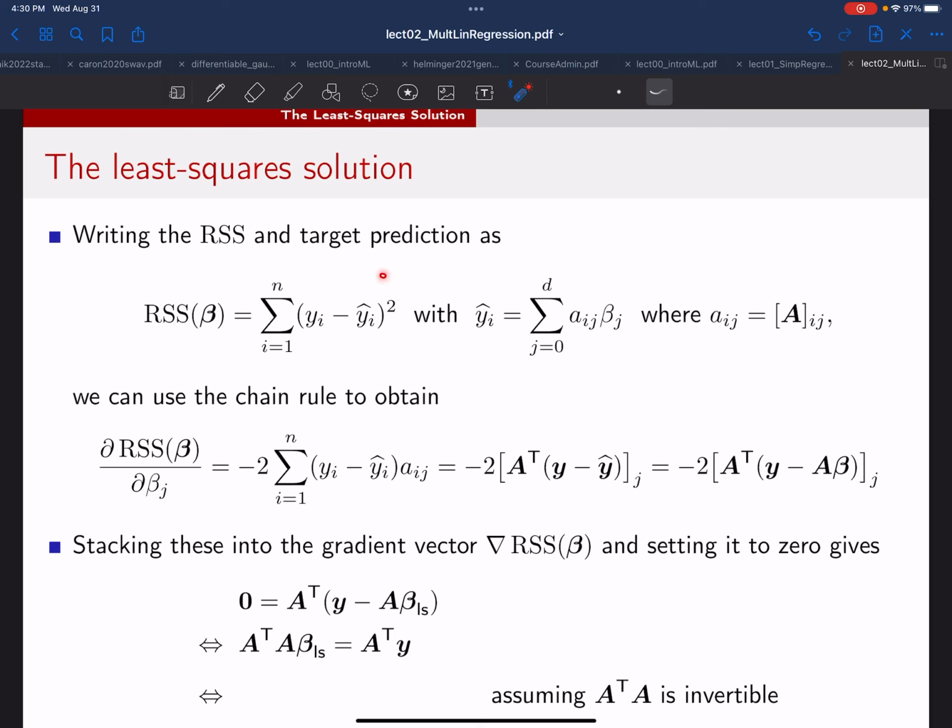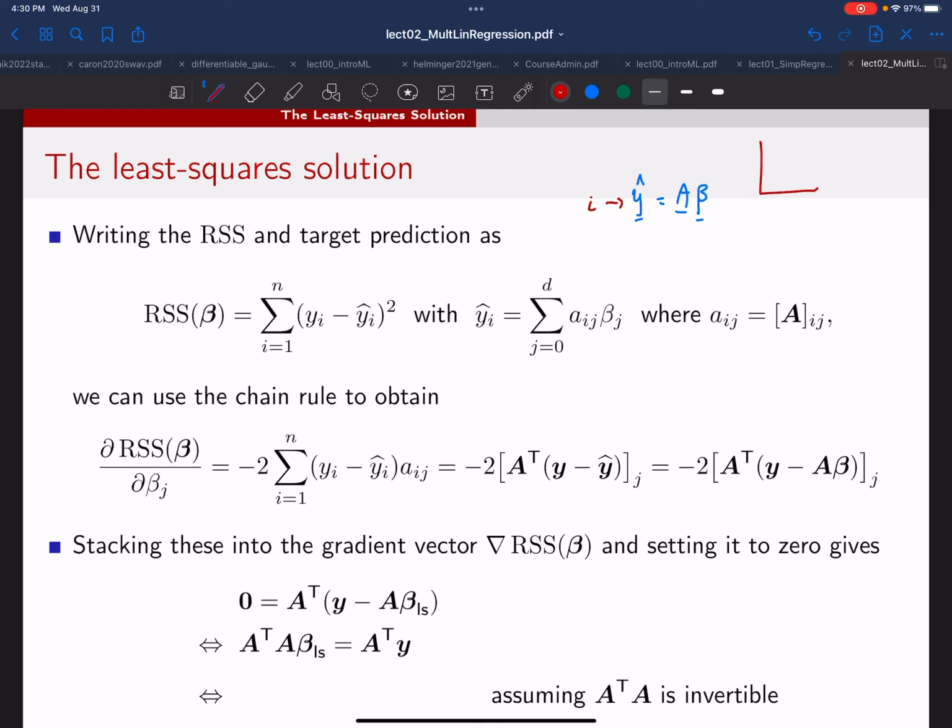So this is what we have for our RSS. Seen this a few times. This y hat i, we can write it like this. So what I'm doing to write it like this is, remember that we have this equation: y hat, the vector, is A, the matrix, times beta, the vector. So let's think about what happens if you look at the ith entry in that vector.